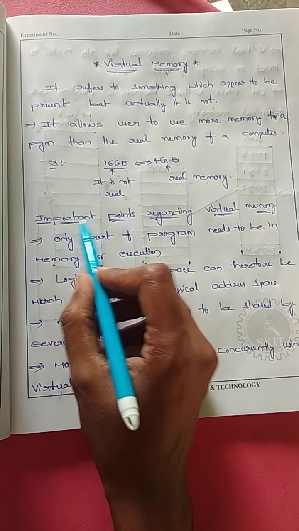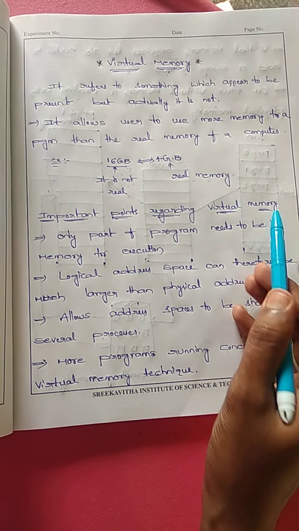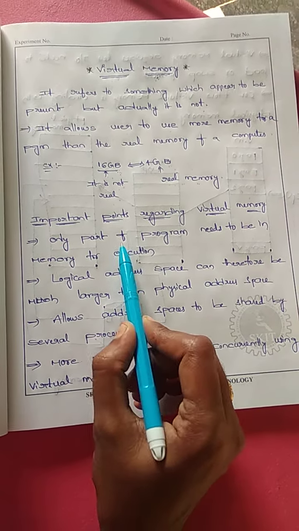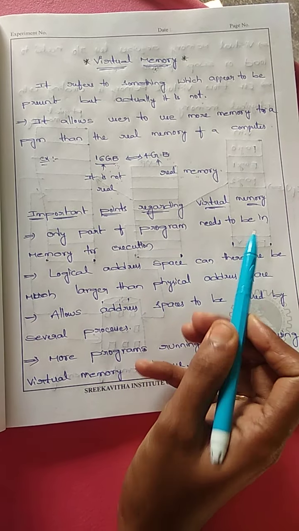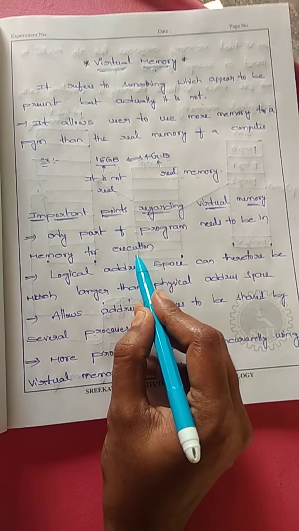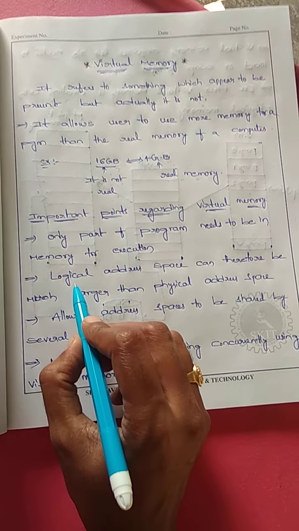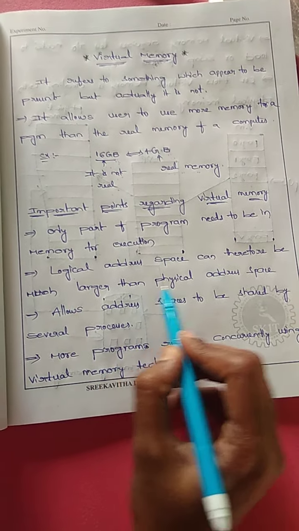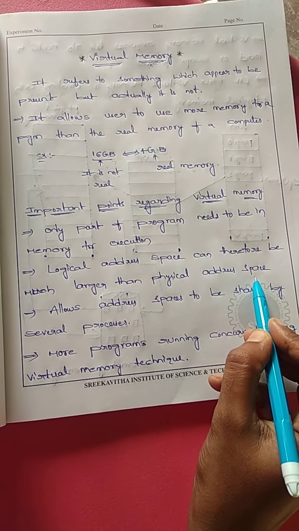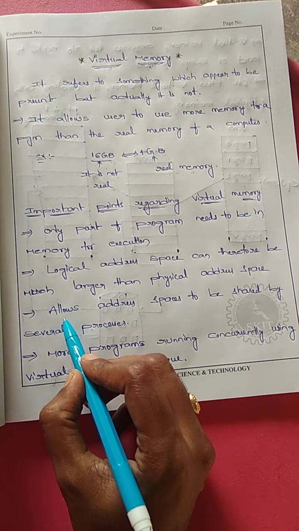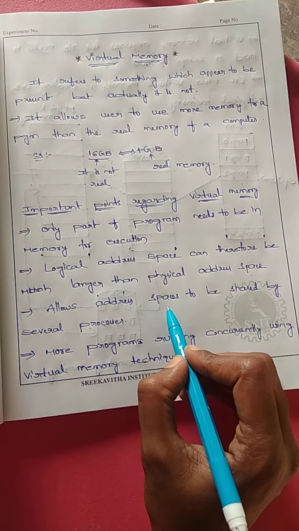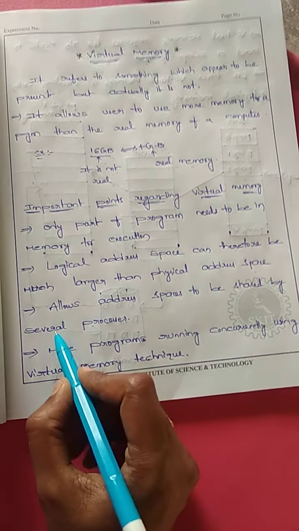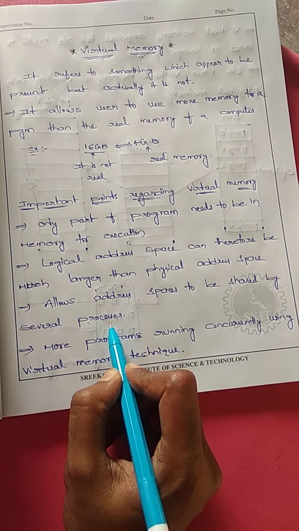Here are the important points regarding virtual memory. Only part of a program needs to be in memory for execution. Logical address space can therefore be much larger than the physical address space, and virtual memory allows address spaces to be shared by several processes.